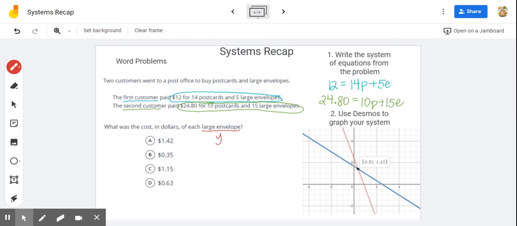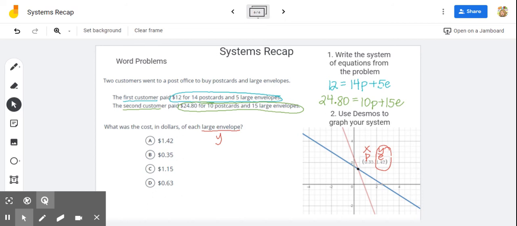According to your solution, the postcards are the X and our large envelopes are the Y. So if they're asking how much it cost per large envelope, you will use only the Y coordinate.